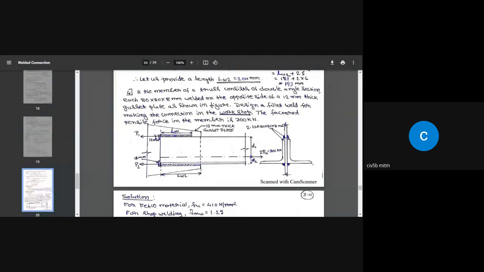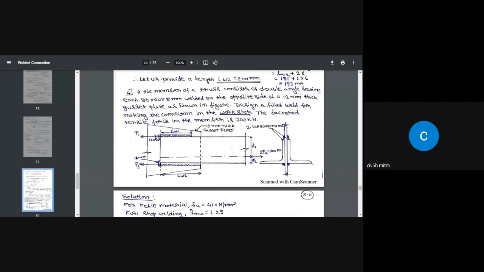So the factored tensile force in the member is 300 kilonewton. That means, if this is a truss member, a truss is subjected to different kinds of loads. So depending on the loads, each member will be subjected to different force magnitude. After analysis, we found that this member is subjected to 300 kilonewton design force.